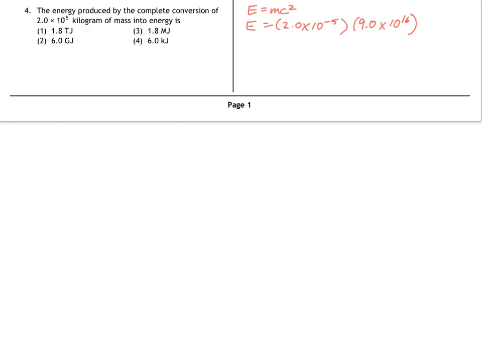When you multiply those two together, you're going to get 18 times 10 to the 16 minus 5, or 11, which is the same thing as 1.8 times 10 to the 12, which is the same thing as 1.8 megajoules, because mega means 10 to the 12. So 3 is my answer.